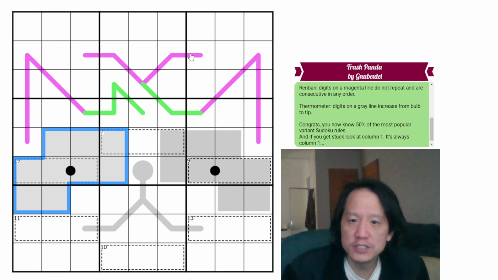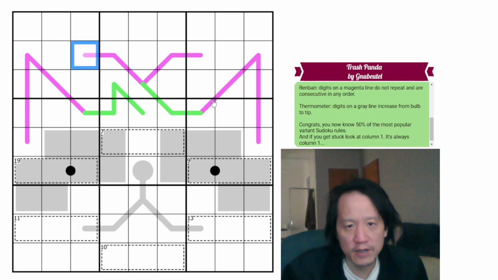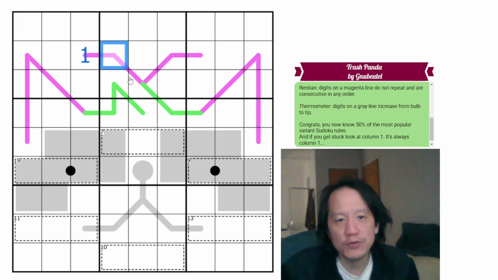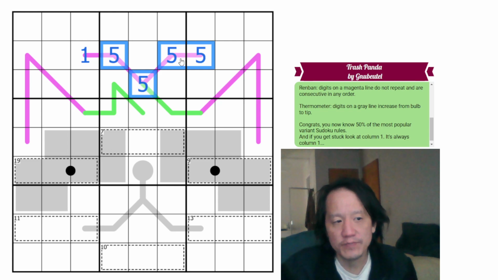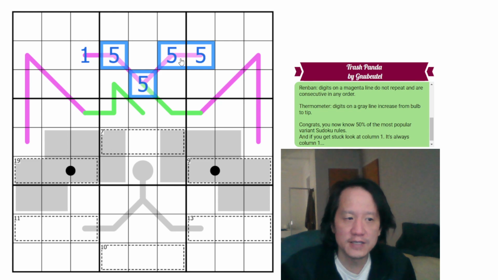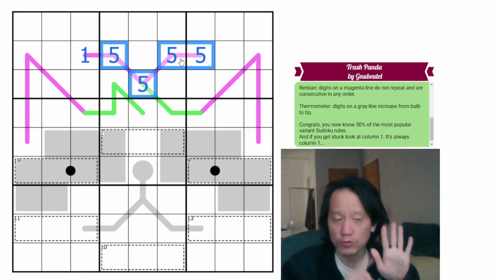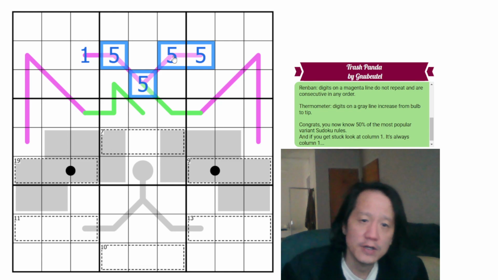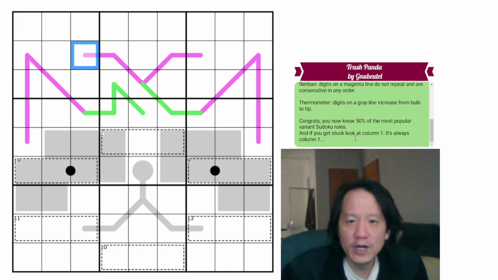Renban. Digits on a magenta line do not repeat and are consecutive in any order. So for example, if this were a 1, you would know there would have to be a 2, 3, 4, 5 on that line also, because the only set that contains 1 that's consecutive and has 5 digits is 1, 2, 3, 4, 5. Thermometer.